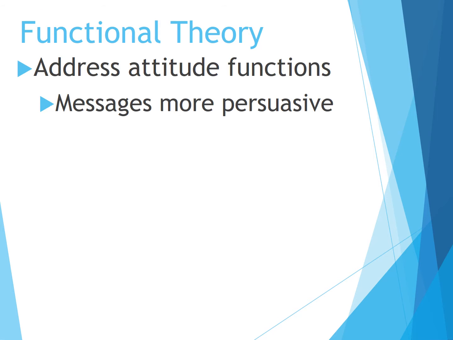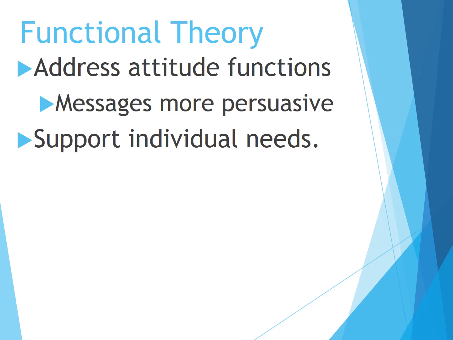Functional theory suggests that when you are able to address the attitude functions that people have, or basically the purpose for why they hold the attitudes they have, then you can design messages that will be more persuasive in terms of changing thought, belief, or behavior. Doing so allows people to support their individual needs, and as we know, all of us are different.